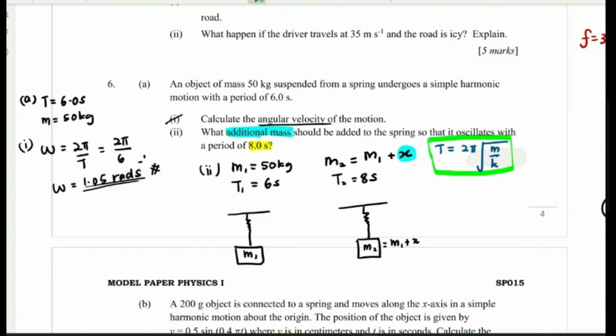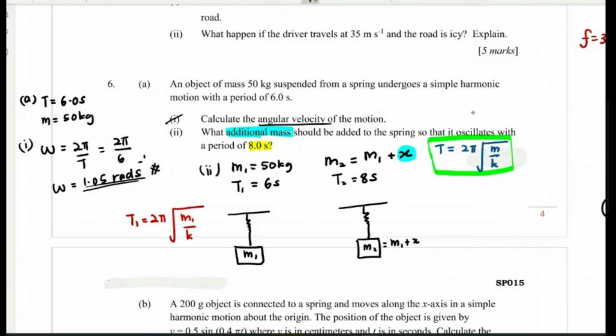So kita boleh relatekan lah. Untuk yang pertama tadi, okay, for M1, kita boleh gunalah T1 equal to 2 pi square root M1 over K. Kalau nak masukkan terus pun boleh. Kan nanti M1 over K. K tu spring constant. Spring constant kita tak tahu berapa.